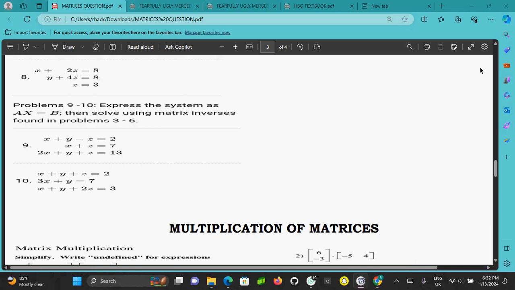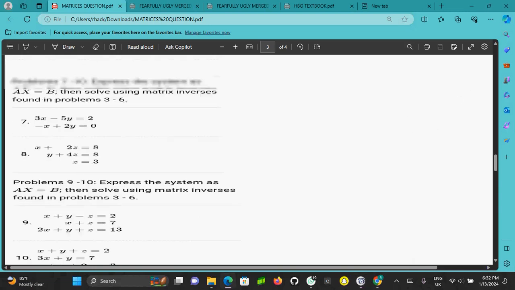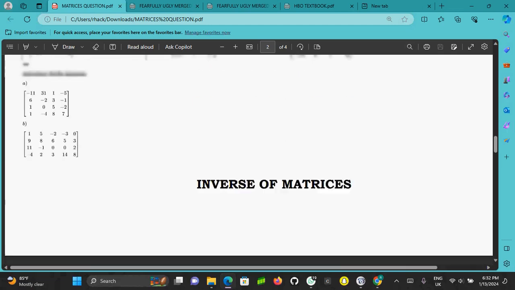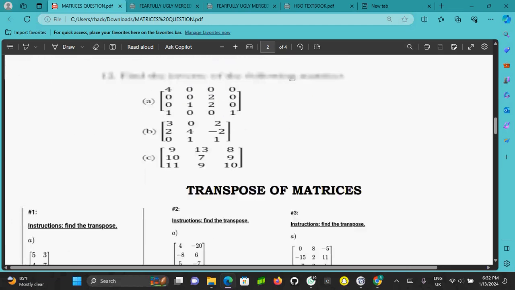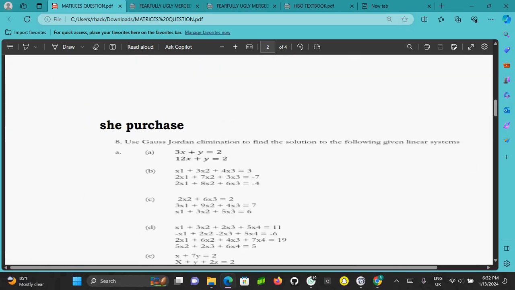Since everyone is saying they don't have any problem with elementary operation, let's start with a simple one. You guys will be guiding me.